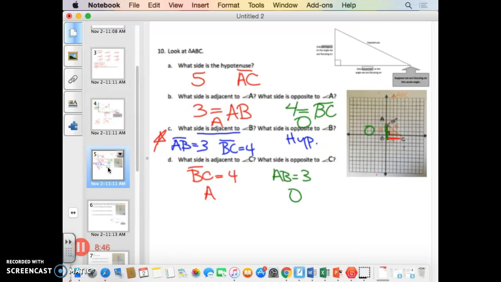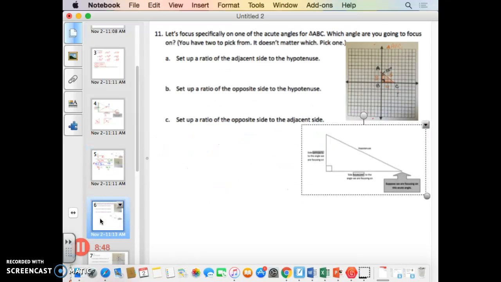All right, so go ahead and try the same situation for, now let's focus specifically on one of the acute angles. And just because of this drawing, I'm going to focus on angle C. So I'm going to label my drawing. I know that this is my adjacent side because it's next to angle C, and this is opposite because it's across from angle C, and this is my hypotenuse over here because it's across from the right angle.